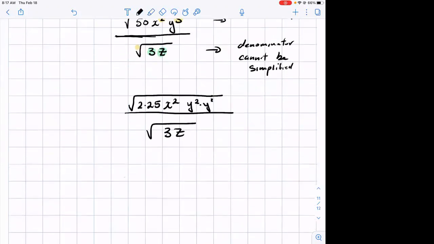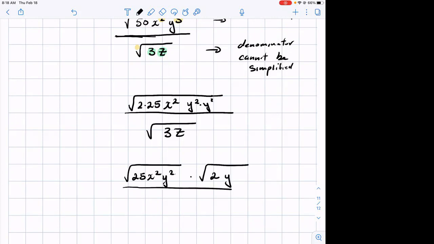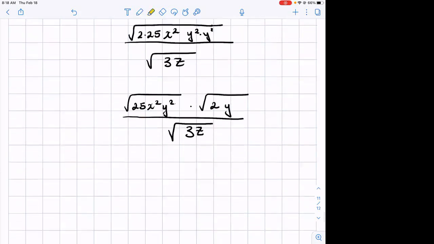So if we separate this now, the 25 will be able to simplify, the 2 cannot. X squared will be able to simplify, y squared will be, but y to the 1 will not. And all of that divided by the square root of 3z.